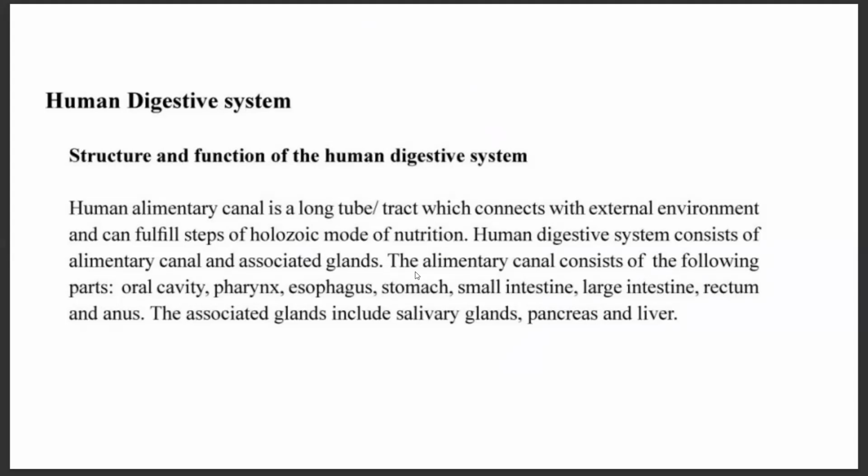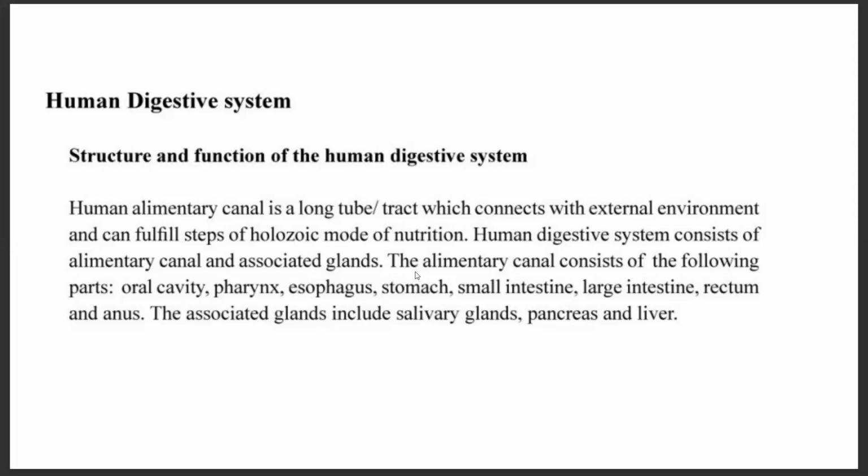Now, the holozoic mode of nutrition, you know again, there are 5 steps: ingestion, digestion, absorption, assimilation, and elimination. The human alimentary canal or digestive tract is the system which connects with the external environment and fulfills that holozoic mode of nutrition.